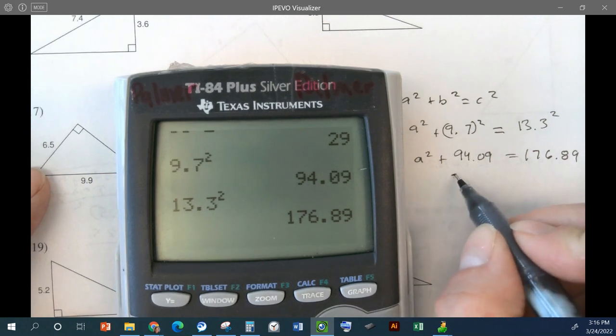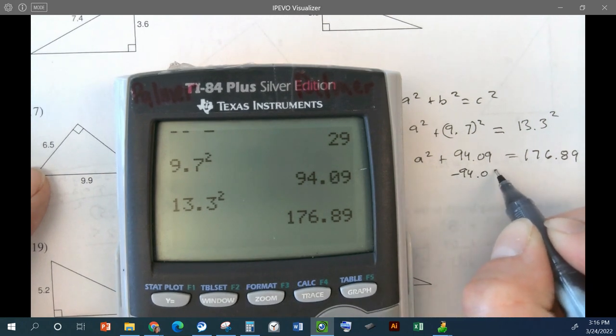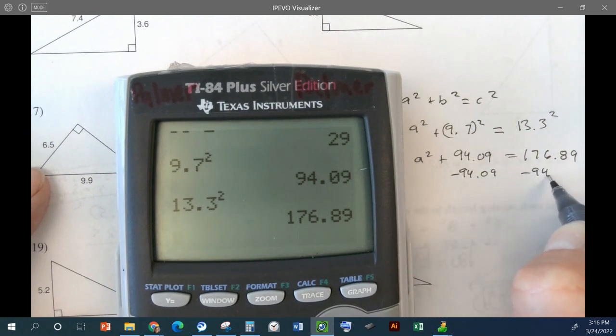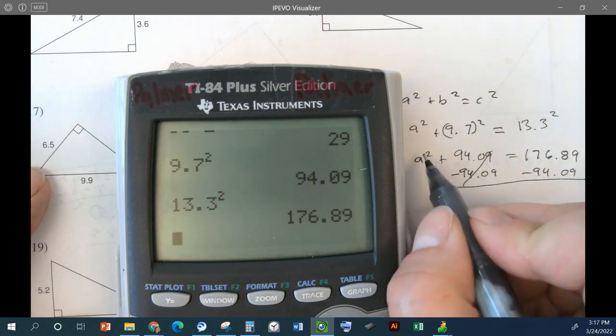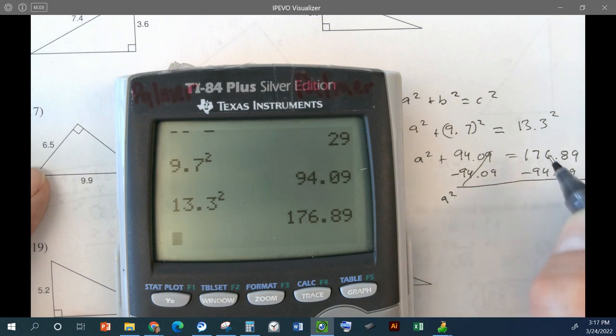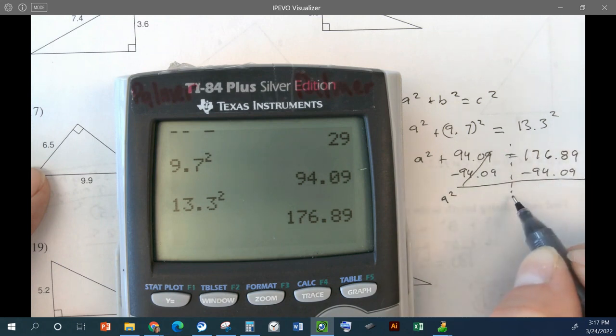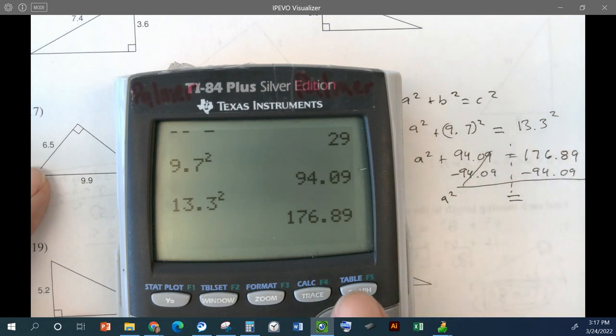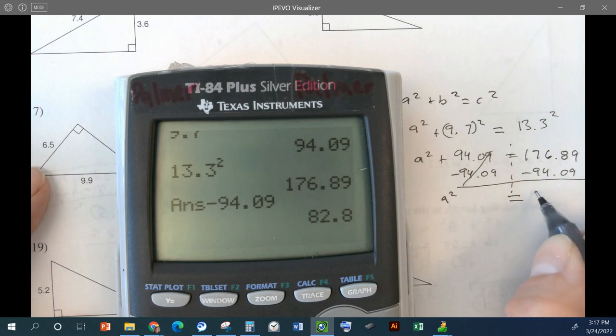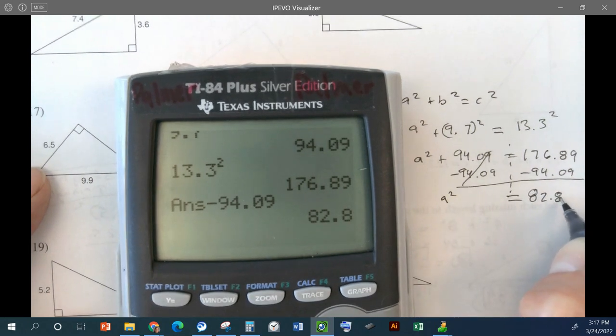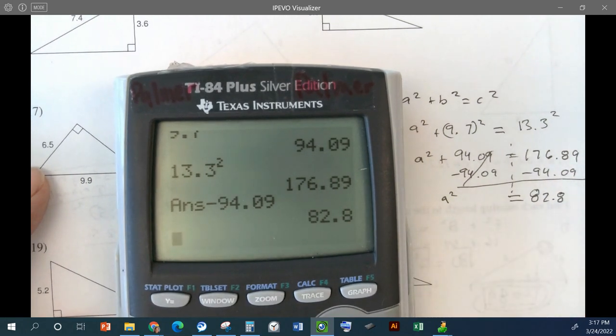So let's subtract 94.09 from both sides. So now on this side we just have A squared. This side we have 176.89 minus 94.09. We've got 82.8. And we don't have A quite yet.